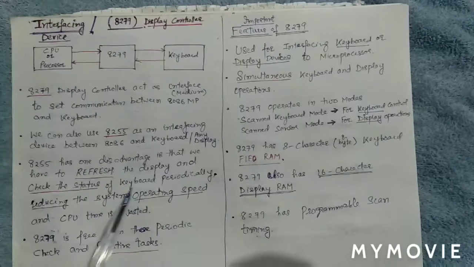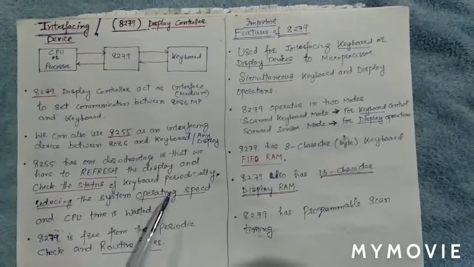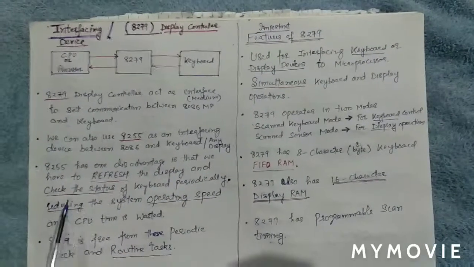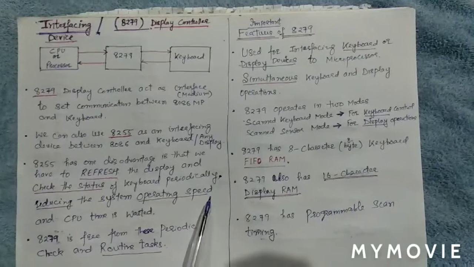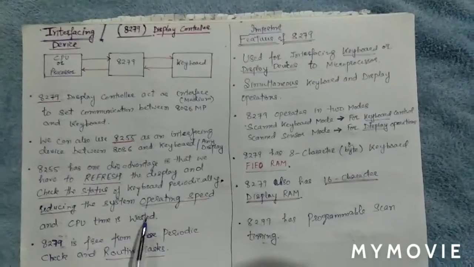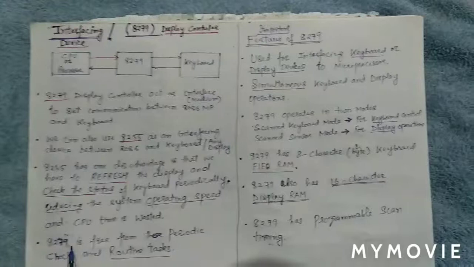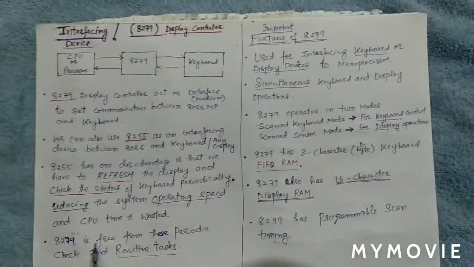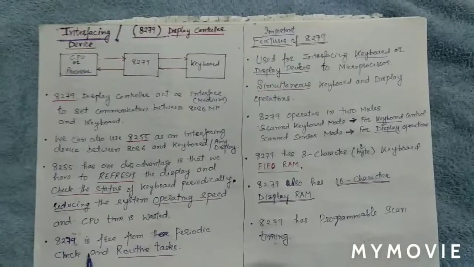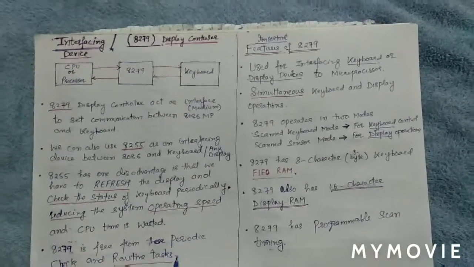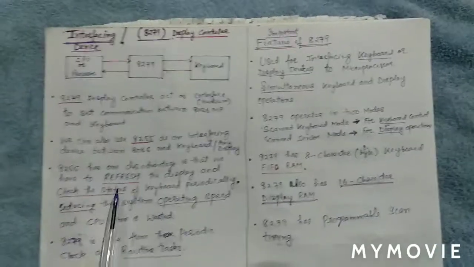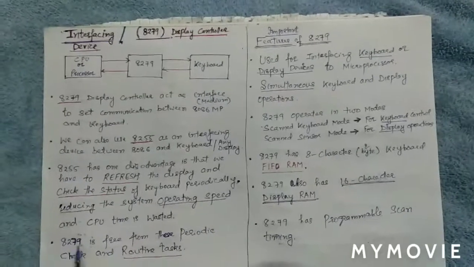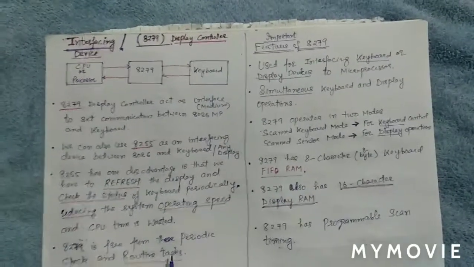That is, each time we do any operation, we have to refresh the display and check the status of the keyboard, which reduces the system operating speed and CPU time is wasted. 8279 has an advantage in that it is free from these periodic checkups and routine tasks, whereas 8255 has the disadvantage of refreshing the display every time.